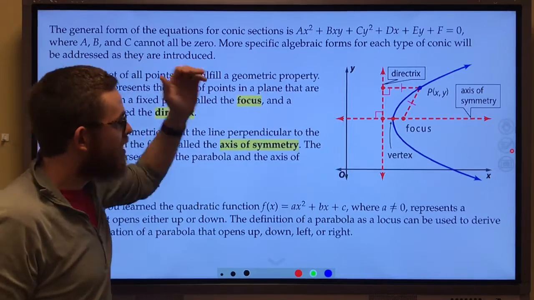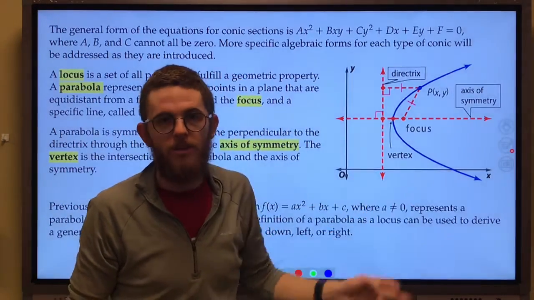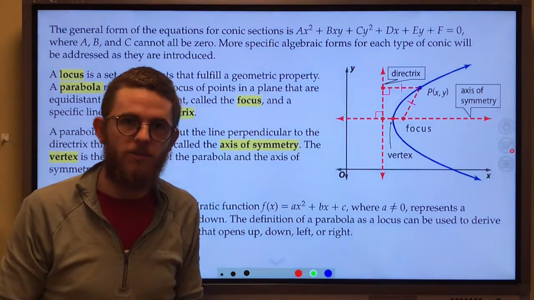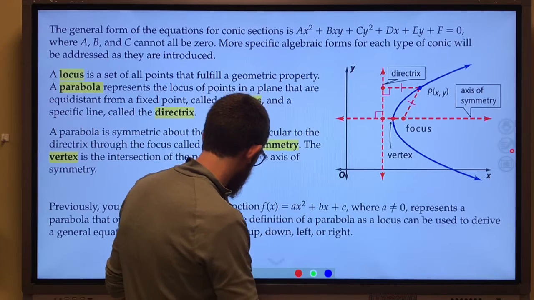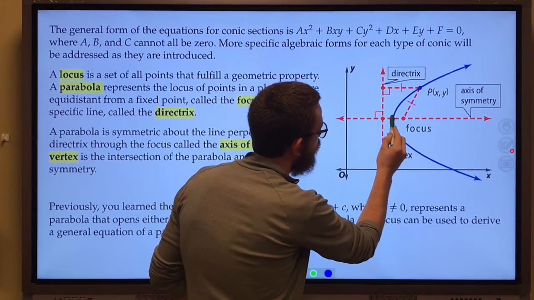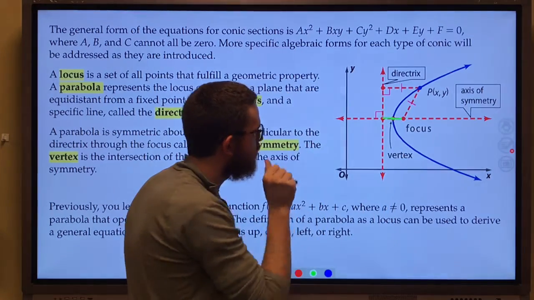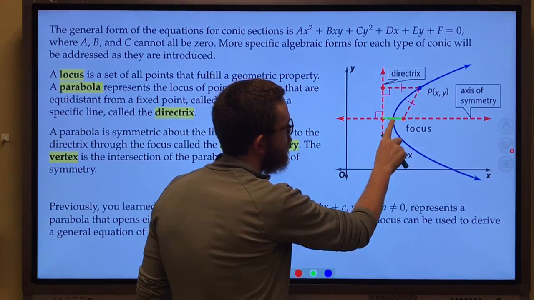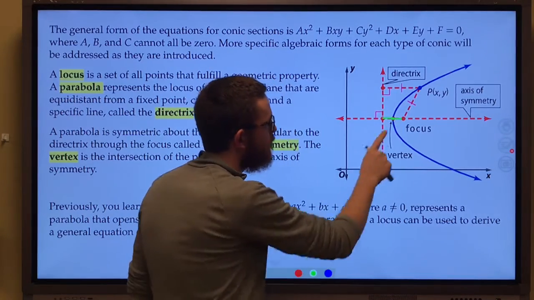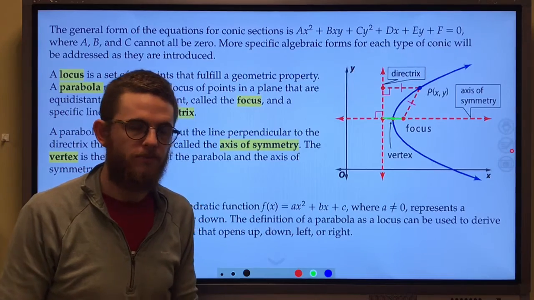So a directrix is a line perpendicular to our axis of symmetry. And the vertex is the same distance from the focus as it is to the directrix. So if we have our vertex and we know we're adding 1 unit to get to the focus, we know we're going to subtract 1 unit to get to the directrix.